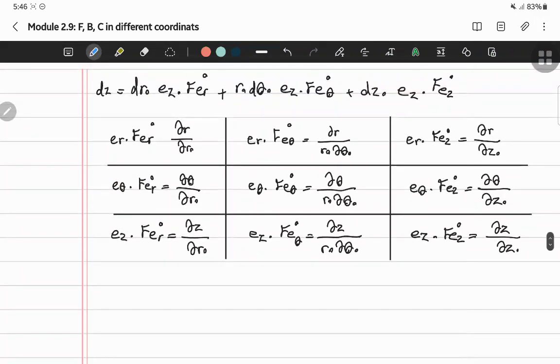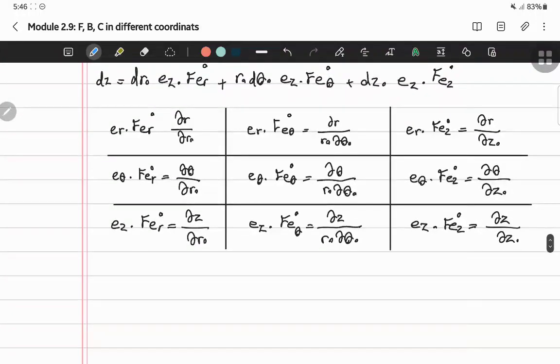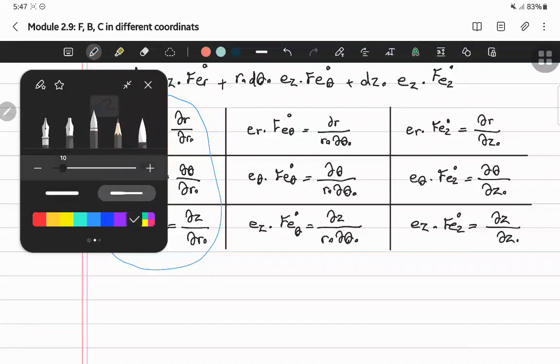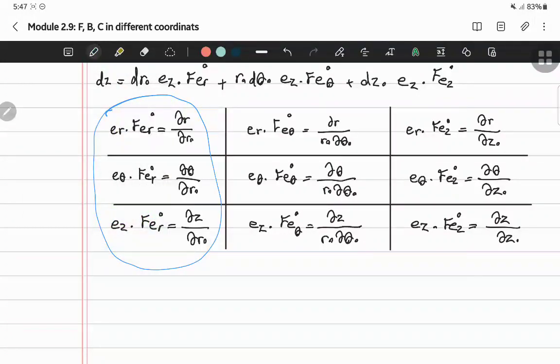Here you can see that e_R dot F e_R0 is equal to this expression, e_theta dot F e_R0 is equal to this expression, and e_Z dot F e_R0 is equal to this expression.